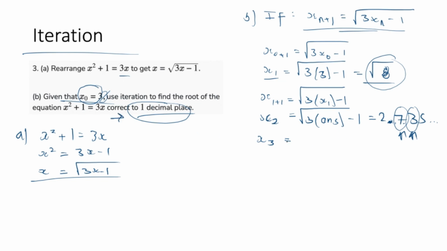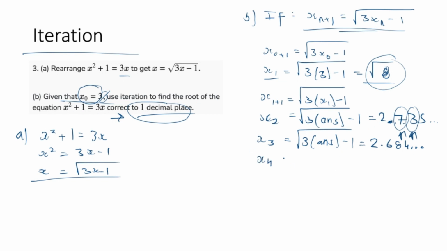I'll show you. So x3, again, you copy the same thing. Actually, you can just press equal again and you'll get a new answer. So if you press equal again, you should get 2.684. I'm not including the rest because it's not relevant.